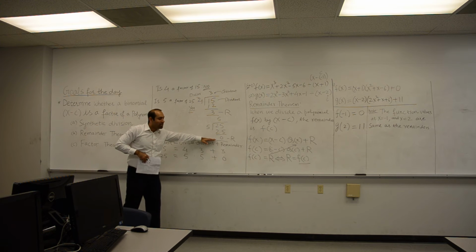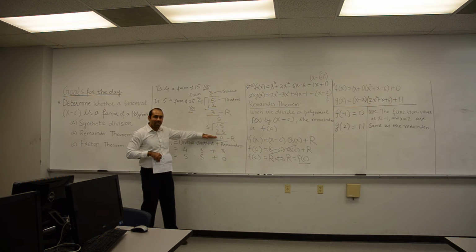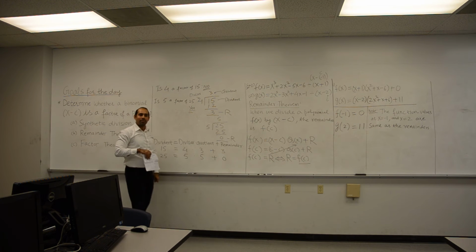And in the second one, the remainder is 0. So what do you observe here? When the remainder is 0, we can justify that the 5 here, the divisor, is a factor of the dividend. When the remainder is non-zero, it's 3, and we see that 4 is not a factor of 15.